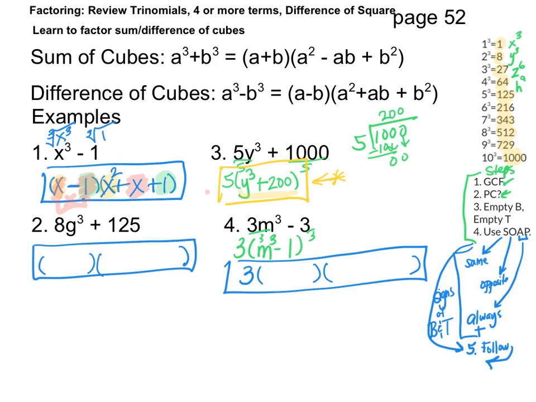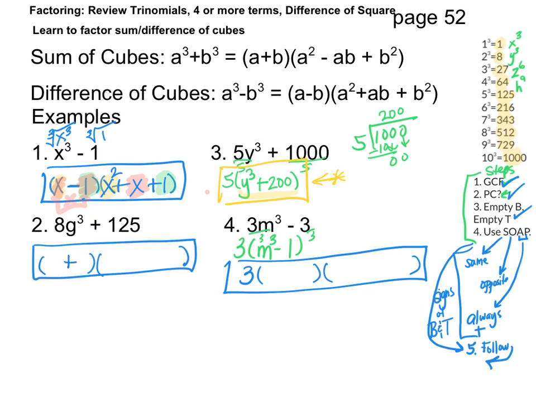Okay, let's go through number 2. We already checked to see if we had the greatest common factor. We don't have one. We already determined that we have perfect cubes, so we can continue. We already wrote an empty binomial and an empty trinomial. Now we're going to use SOAP. Same: this sign and this sign are the same.